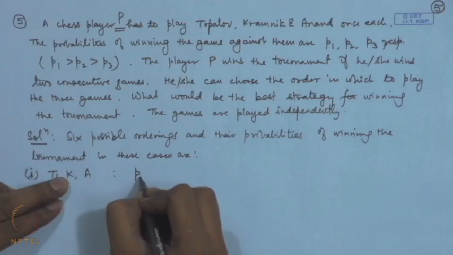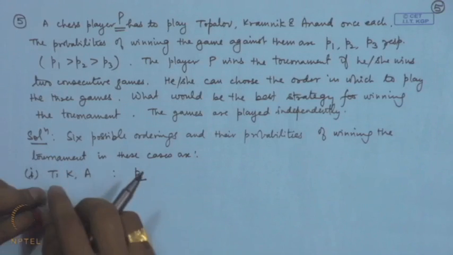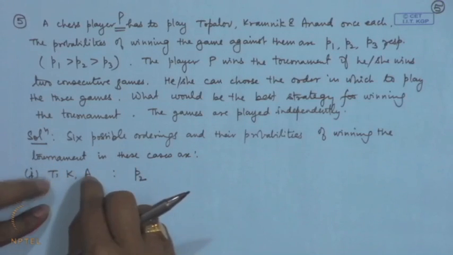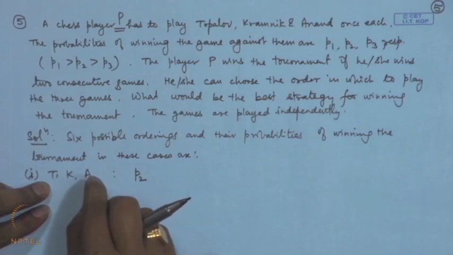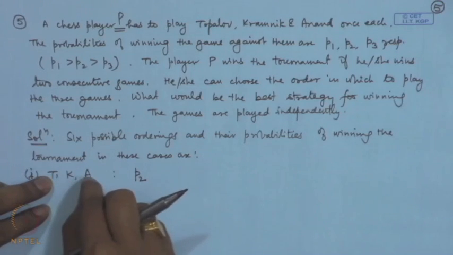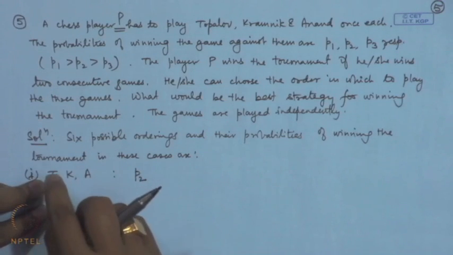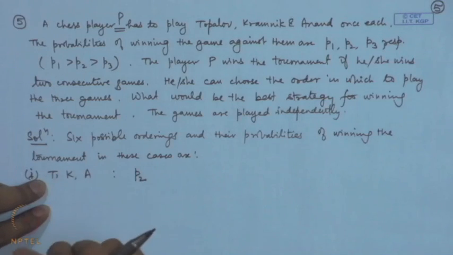So, certainly this should be possible. Then out of T and A, I should win at least one. That means, if I win all the 3, then also it is fine, or if I win T, lose A, or if I win A and lose T, then also it is fine.